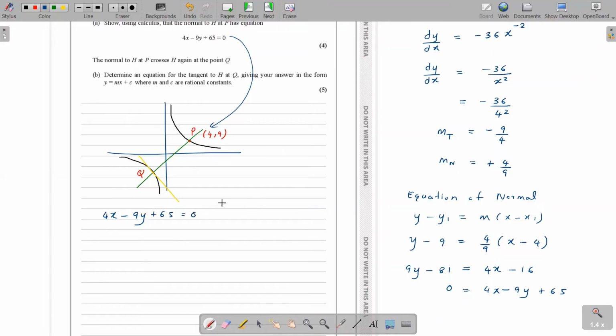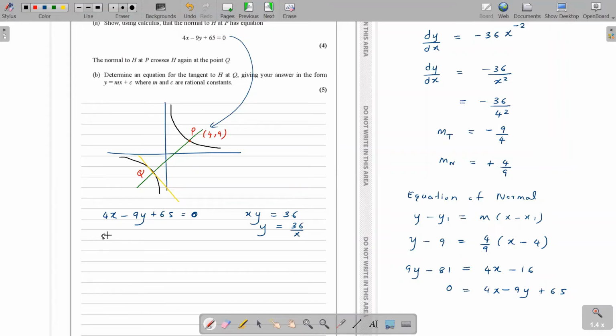We have to solve it with the equation of our hyperbola, xy equals 36. Shall we substitute? So I'll get y equals 36 over x. Shall we replace the y here with 36 over x?